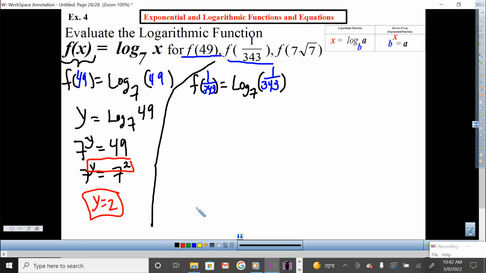All right, Leo, pass someone. Vince, go. 1 over 343. Thank you.